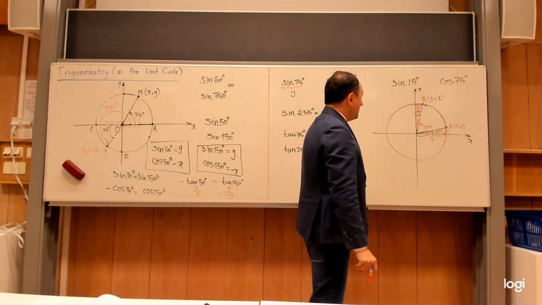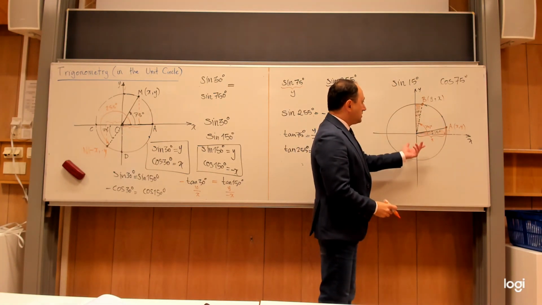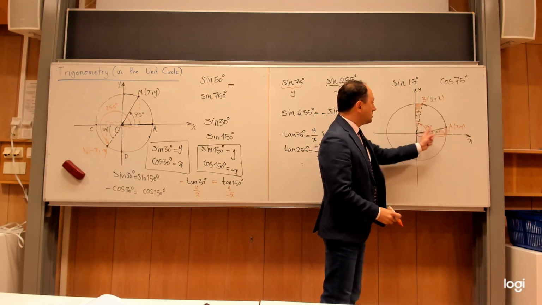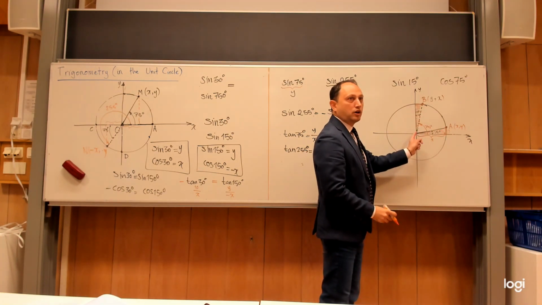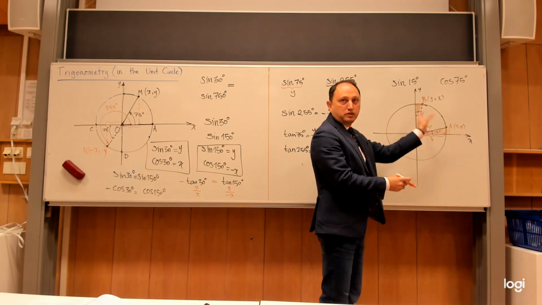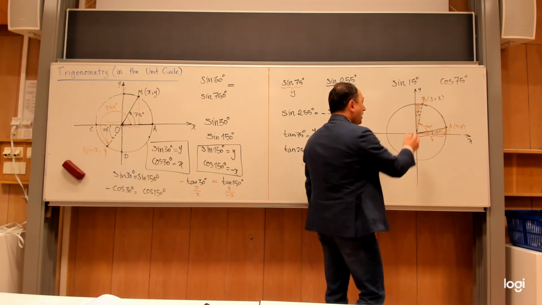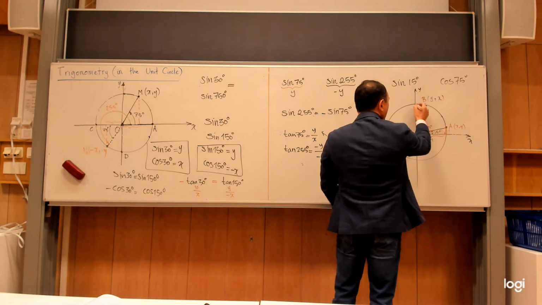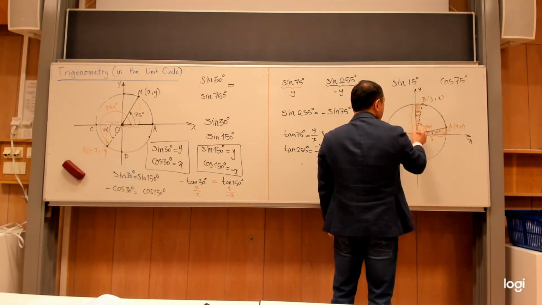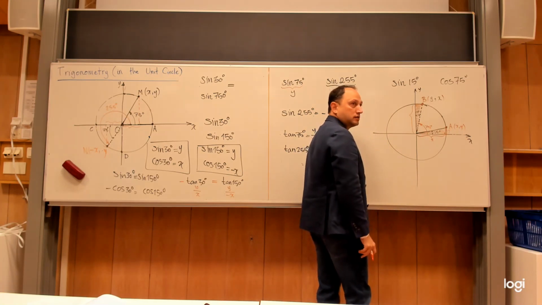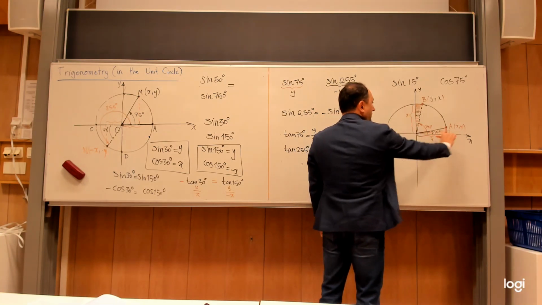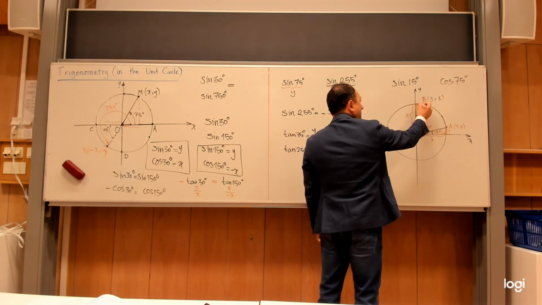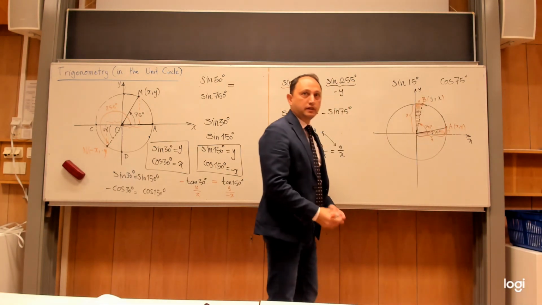Using symmetry arguments, I hope you are convinced immediately that this triangle is congruent with that triangle. It's exactly the same, but rotated a little bit. If this length is x, what is this length? X. If this length is y, this is also y. Agree?